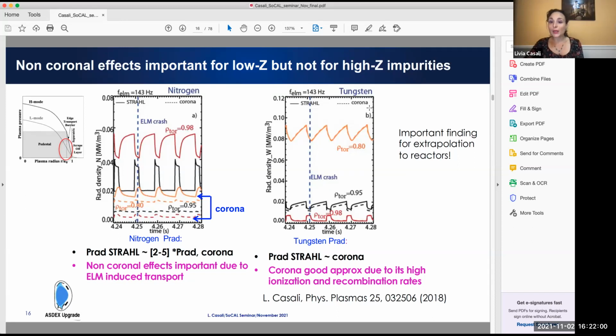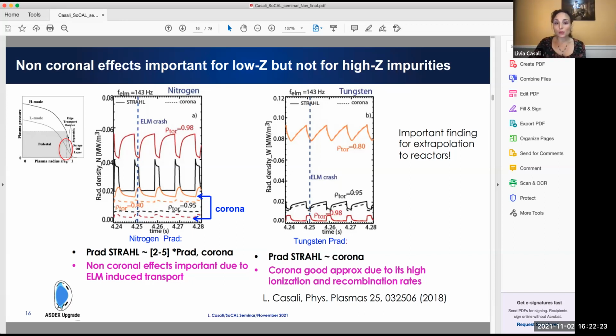Whereas in the case of tungsten, the coronal approximation is a good approximation, and the reason is that tungsten has very high ionization and recombination rates. And these are important details that we need to keep in mind whenever we extrapolate to reactors.